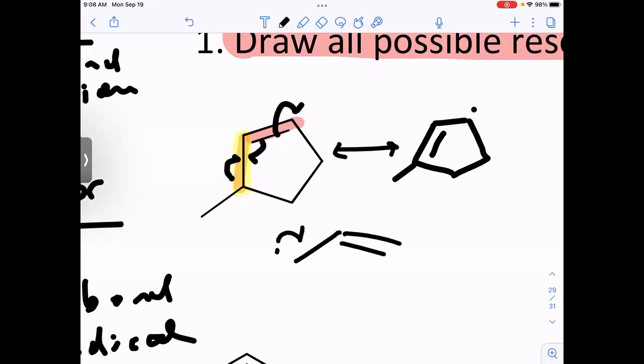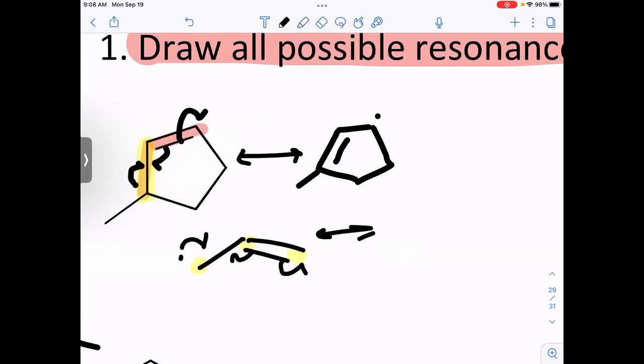You have an electron coming here, you have 1 coming here from the pi bond, and then the other electron in the pi bond goes onto the other carbon in that allylic system, because you've got 3 carbons here, right? So anytime you have an allylic radical, it's going to rearrange that way. It'll be like so, and you can interconvert between them.